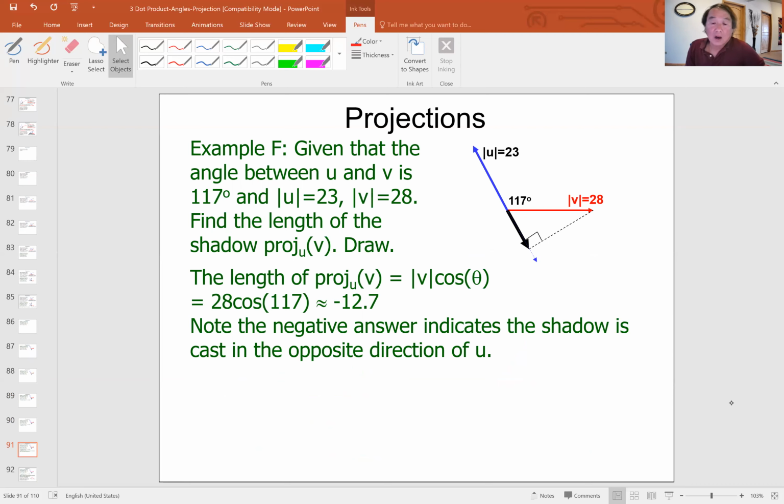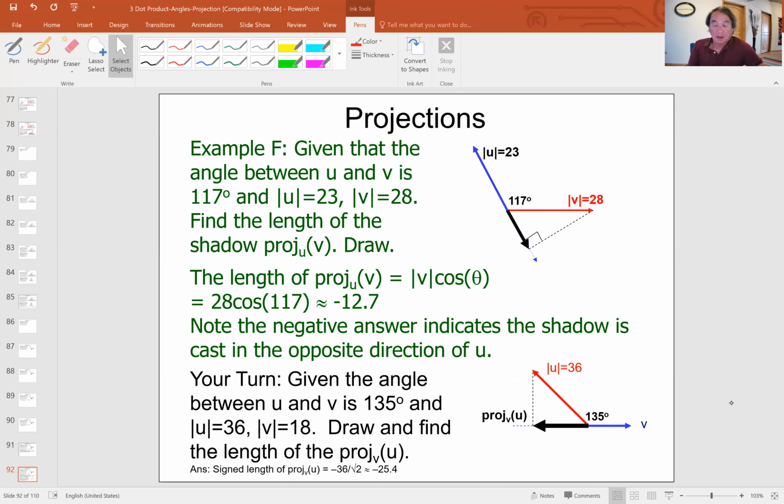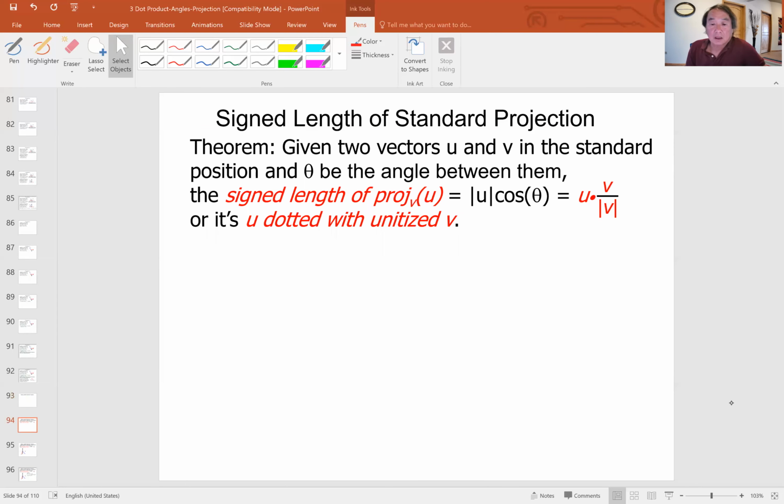Now we come to how we calculate it. If the vectors are in standard position, how do we calculate the length of the shadow? That turns out to be a very easy dot product, because the length of the shadow, remember, is the length of U times cosine of the angle between them.